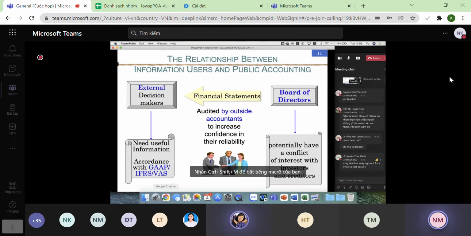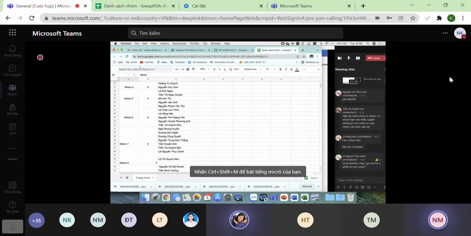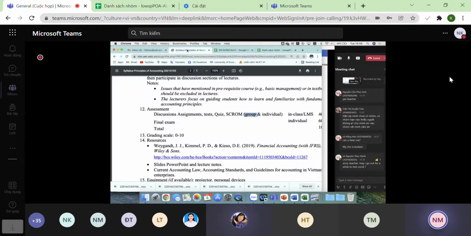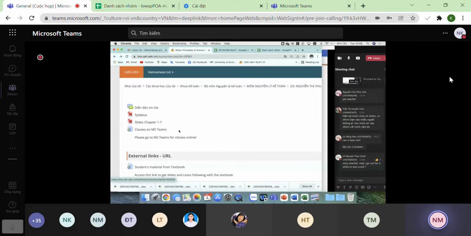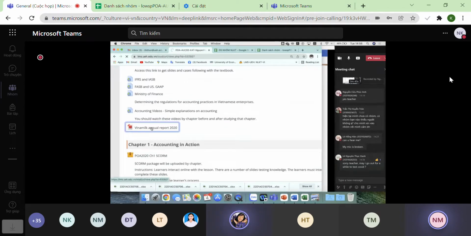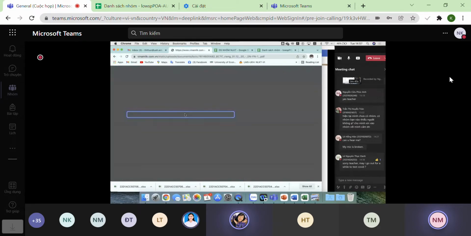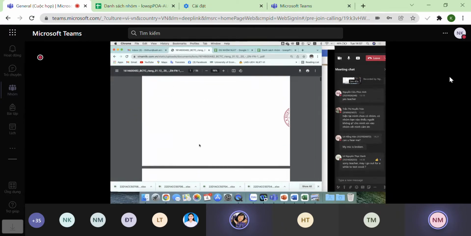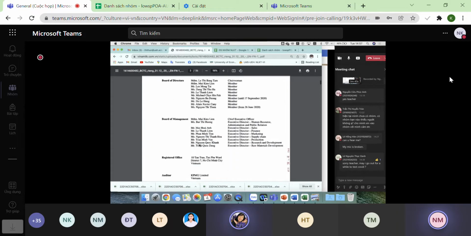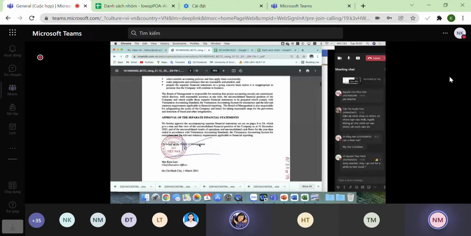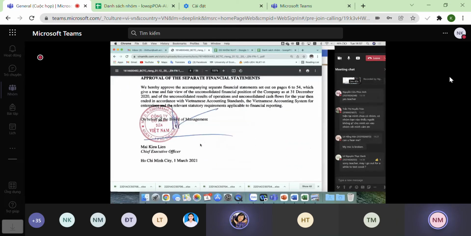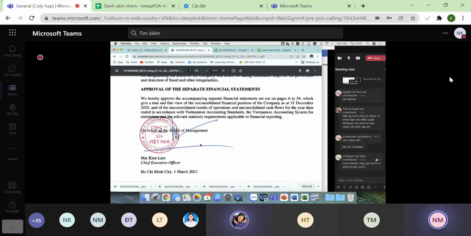For example, here we have the financial statements of Vinamilk. Before they present the financial statements of Vinamilk, the financial statements need to be audited.